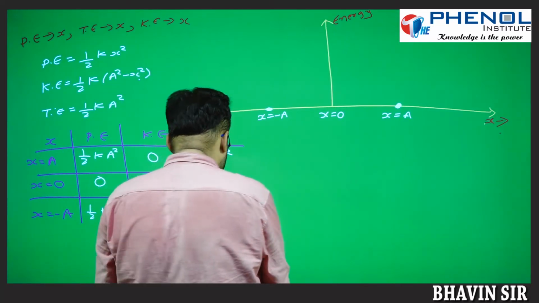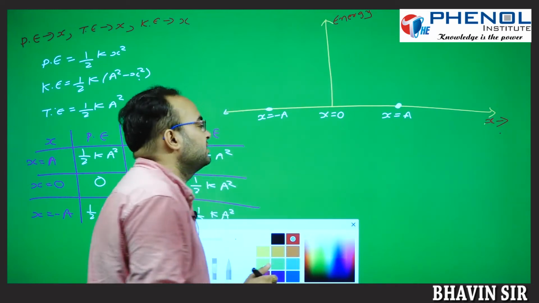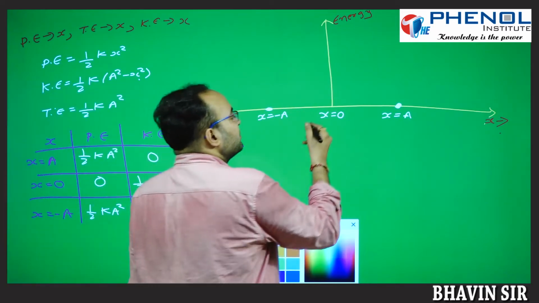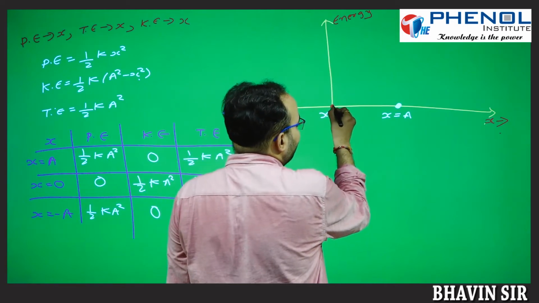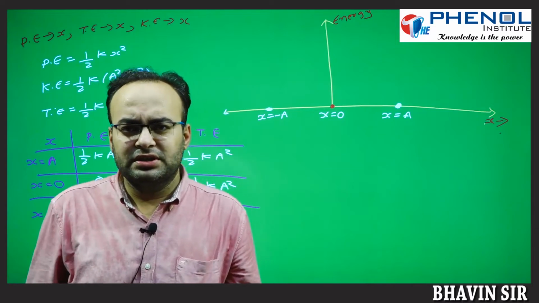See students, now how to draw the graph. Suppose first we draw the graph of potential energy. At x equals 0, what is the potential energy? 0. So the graph of potential energy starts from 0.